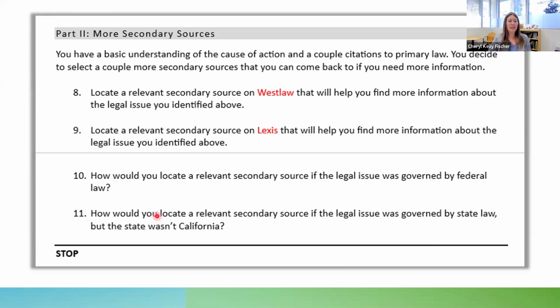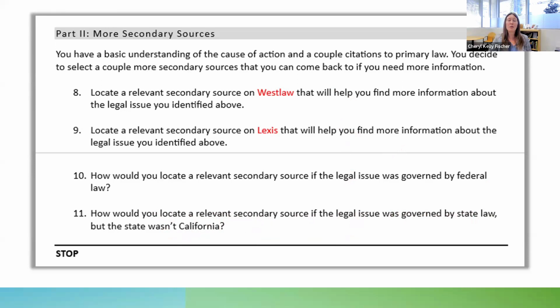And then number 11, how would I look at a secondary source if the legal issue was governed by a state law that wasn't California? So I think I might use the same method as California, but pick the other state. I would see if that other state had an encyclopedia, which I skipped over for California because we'd already looked at it, but I'd probably look for an encyclopedia in that other state.